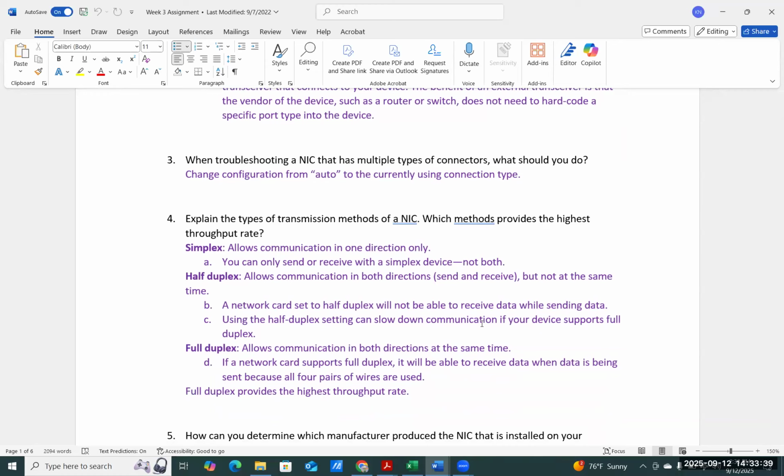You can visit a website where it sends the request outbound, and then when you load the website, it's receiving signal back from the web server. So when you transmit data and receive data, it is full duplex. It's able to do both at the same time.